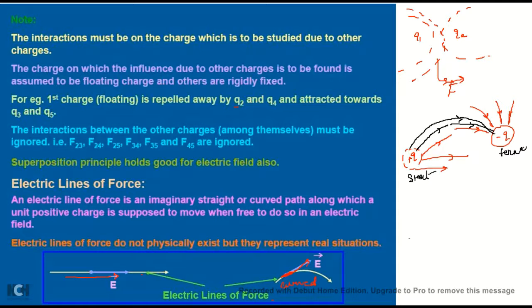Right. Now, if the charges are both similar, let's suppose this is also a positive charge, then the electric field lines for the first positive charge will be away from each other, and for charge 2 will also be away from each other. Definitely both are coming in opposite directions.